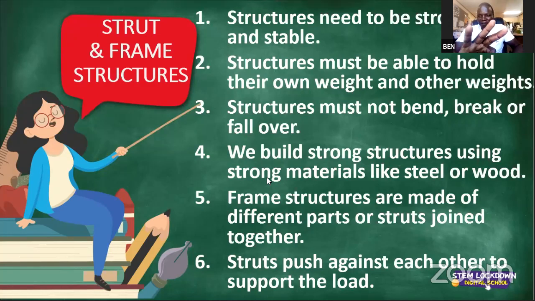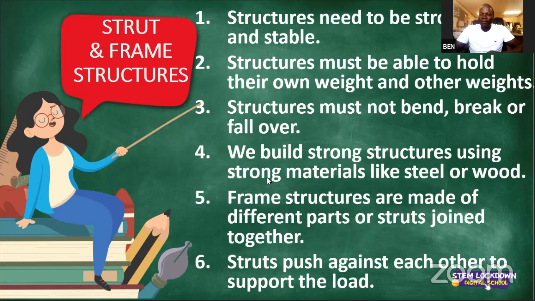Just keep in mind, when you talk about structure, they must be strong, rigid, and stable. Strong means they must not bend easily. Rigid means they must be able to stand on their own without you helping them, holding them up.